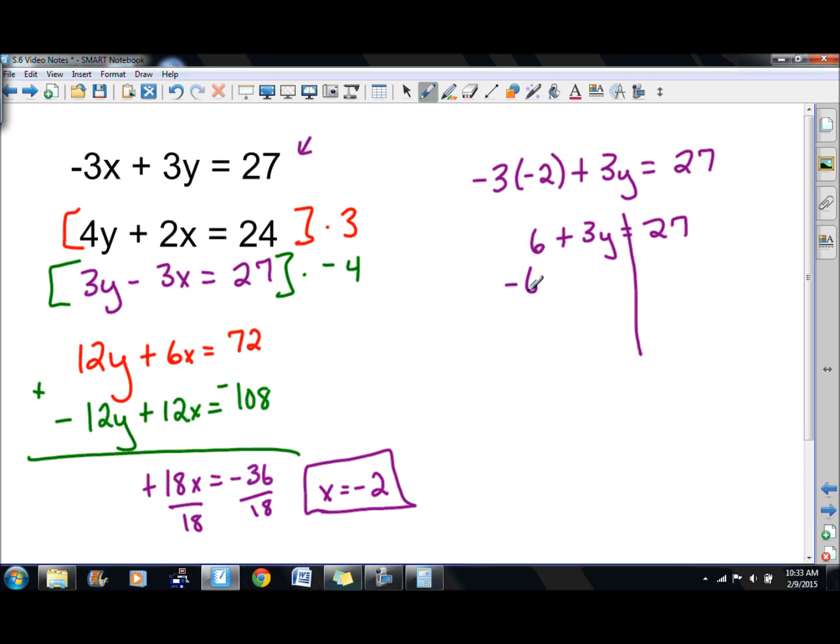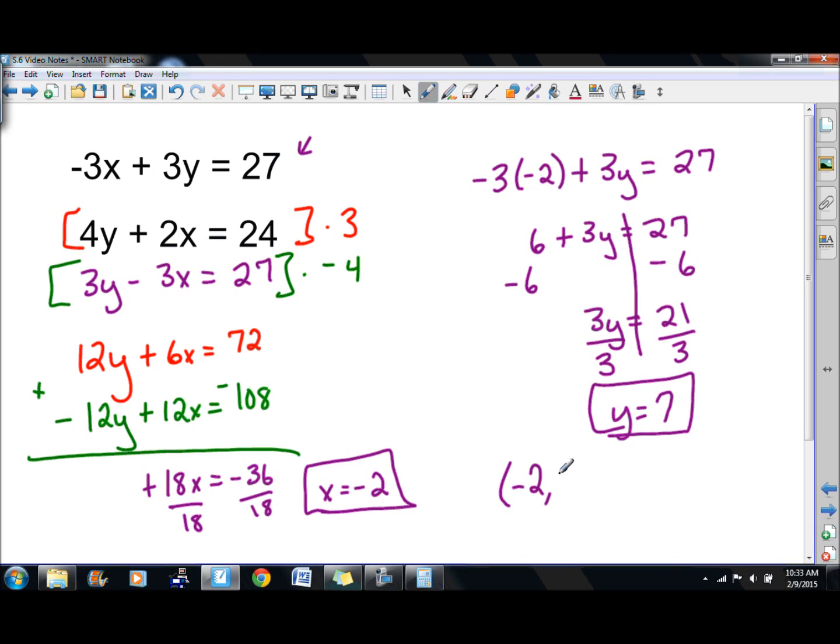I'm going to subtract 6 from both sides. So I get 3y is equal to 21. I'm going to divide both sides by 3. So I get y is equal to 7. Now I'm going to say that these two lines will intersect at the point (-2, 7). And that should be my answer.